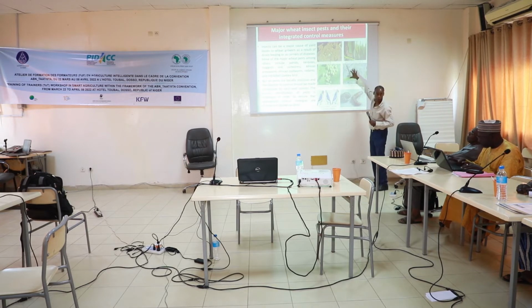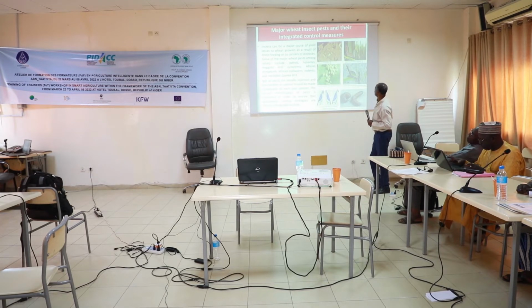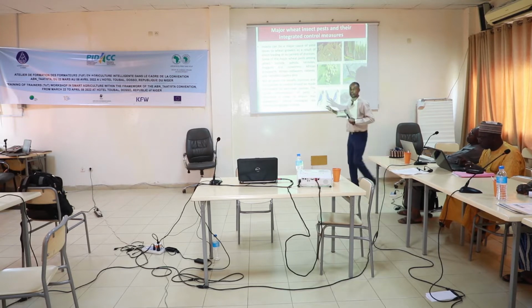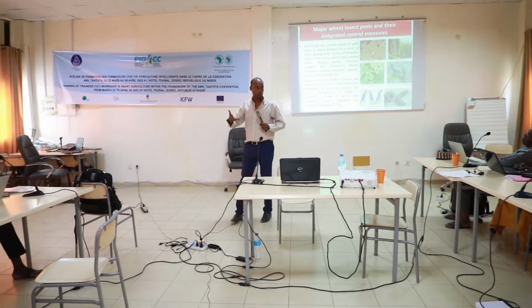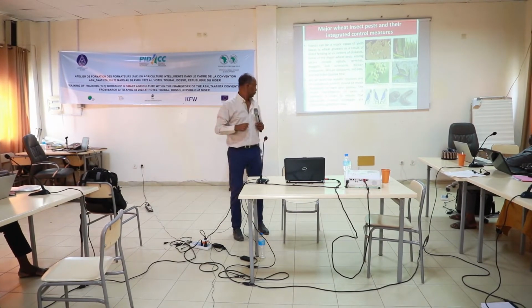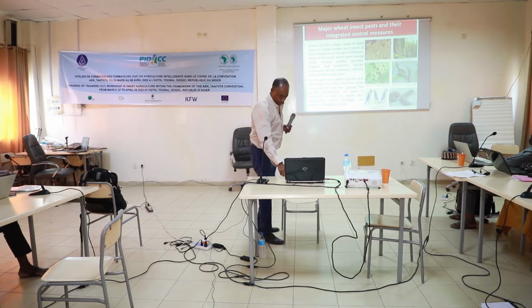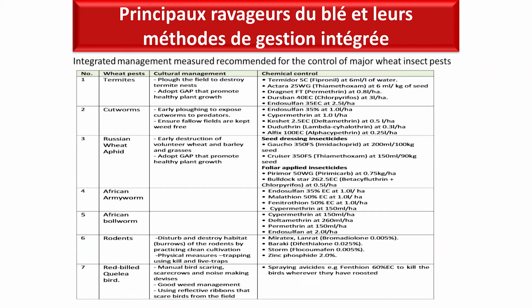This is also very dangerous, which later on developed into a full-fledged cutworm. So as you can see, they have symptoms. I put it also on your brochure. This should be controlled. And I put all the recommendations on how to control.